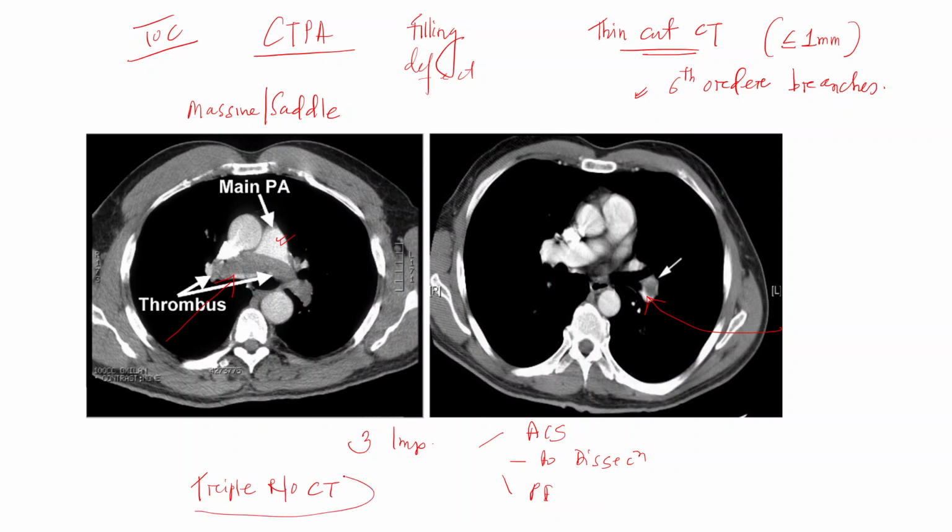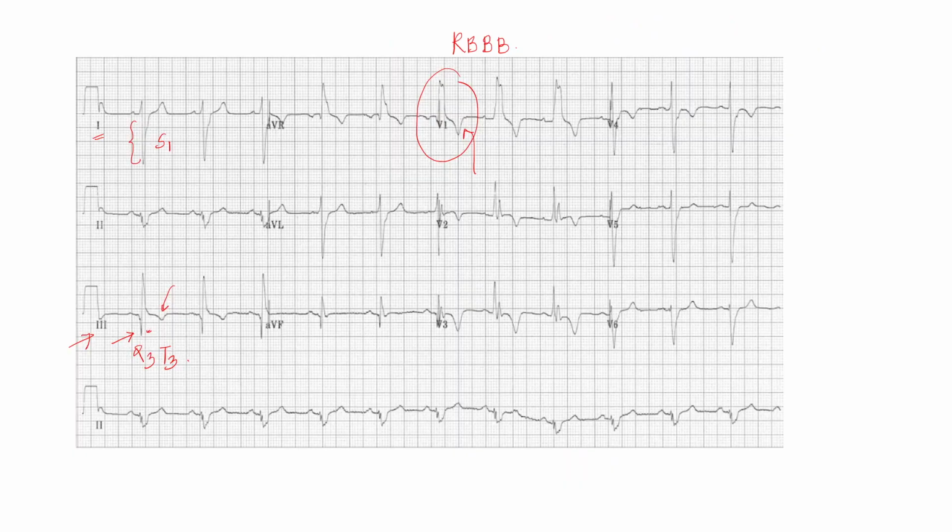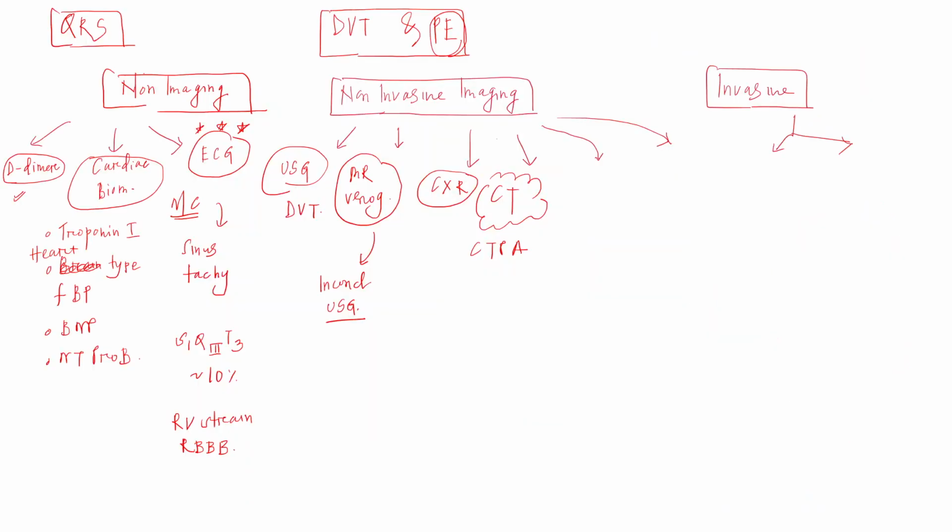In this, we scan the pulmonary artery to look for pulmonary embolism, we also scan the aorta to look for aortic dissection, and also the coronary artery to look for acute coronary syndrome. So this is known as triple rule out CT, to rule out the acute conditions that cause chest pain and cardiovascular dysfunction. We scan three important vessels. Okay, so that is about the CT.